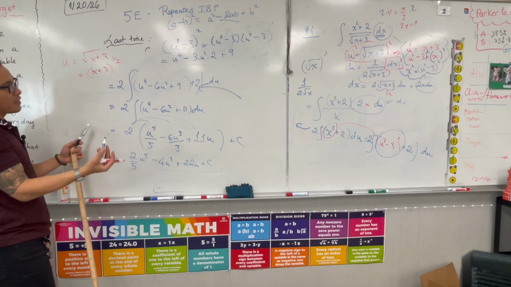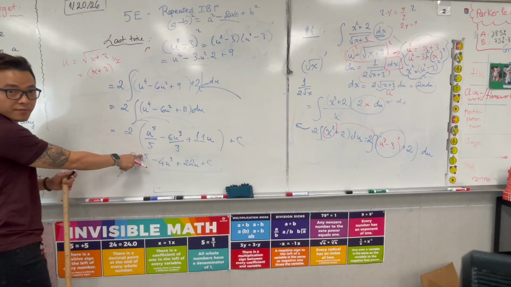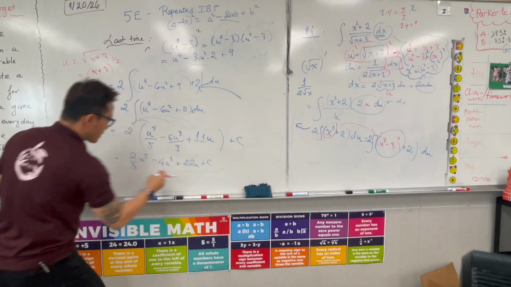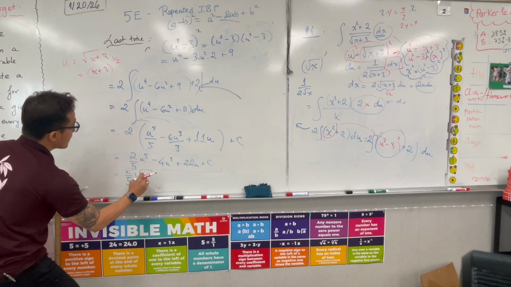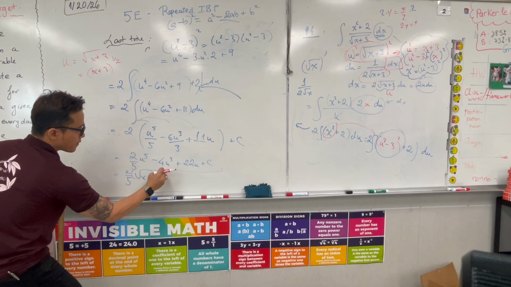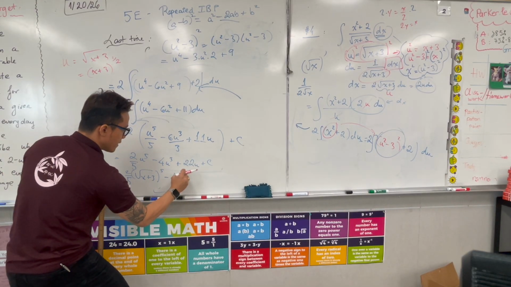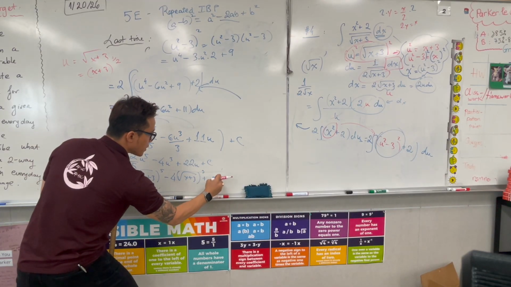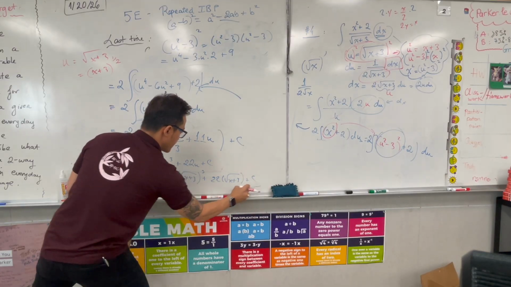I just think it looks better, more professional, if you write 1/2 and then multiply by 5, so 5/2. Two answers are correct. One way you can write is 2 over 5 (x plus 3) to the power 5 over 2, minus 4 (x plus 3) to the power 3 over 2, plus 22 square root of x plus 3, plus c. That's your answer.